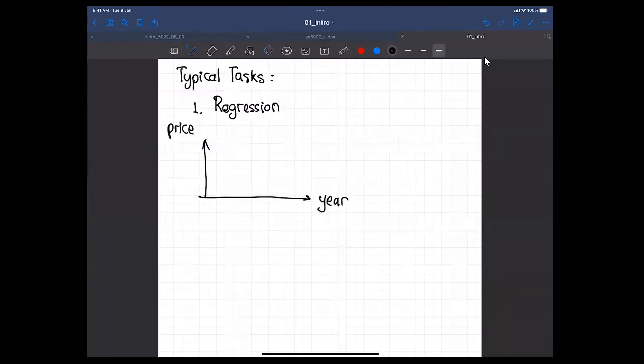You look at your neighbors with typically the same kind of house, and you will see the pattern of prices plotted here. The task of regression is to find this pattern. If you know these patterns throughout the years, then you know how to predict the next one. Oh, my house price could be at that point, roughly.